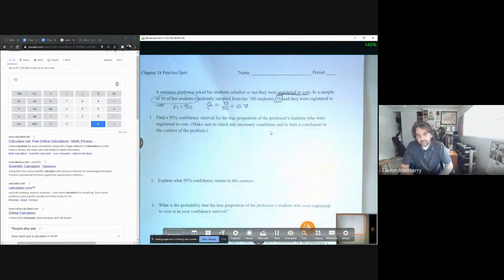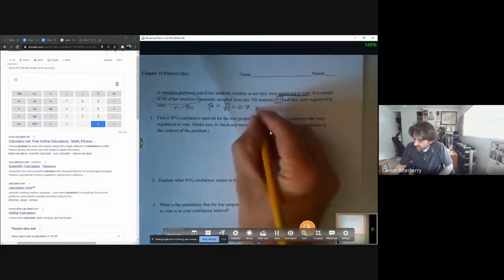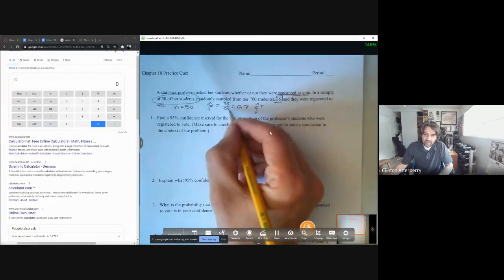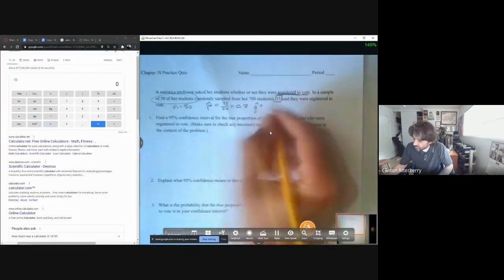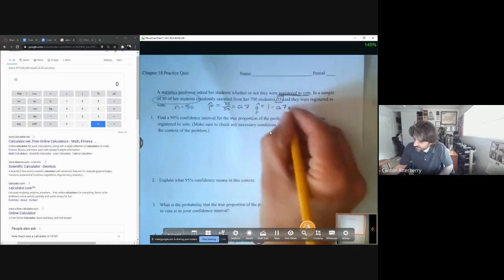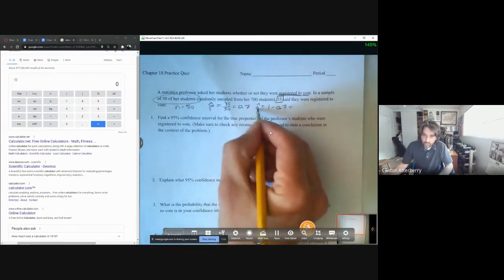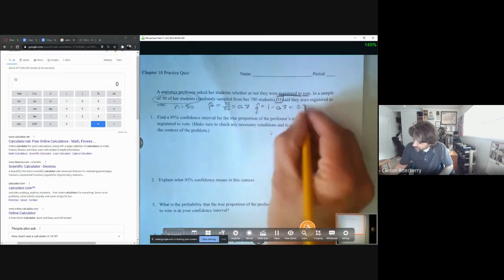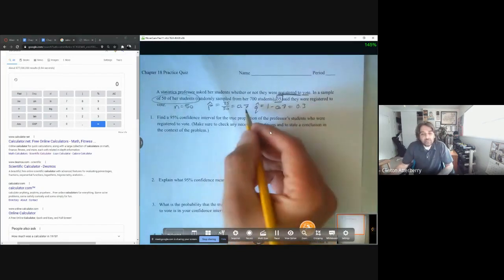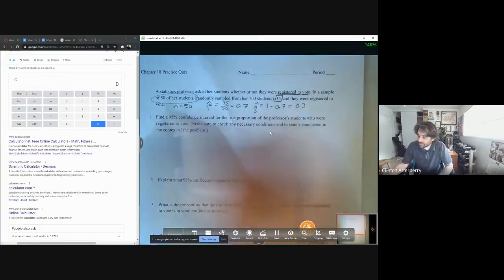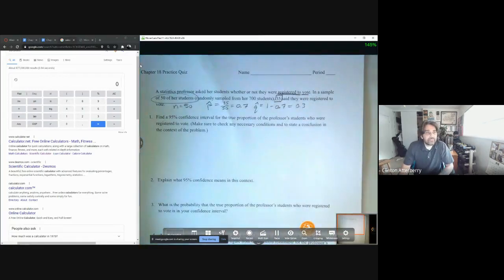Our Q value, the students that were not registered to vote, would be the remaining students, the 15 out of 50. So I can always take 1, take away the 0.7 to find my Q. To find your Q, you can always take 1 minus your p hat. So I get 0.3. That means about 70% are registered, about 30% are not registered from a random sample of 50 students.